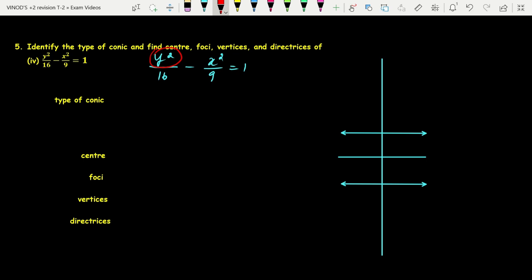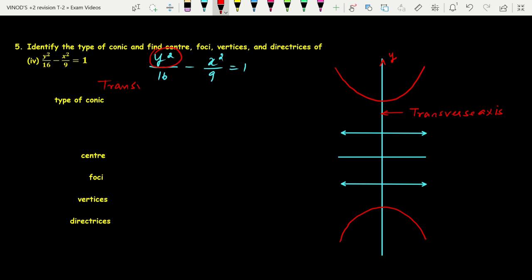So the hyperbola will be conjugate hyperbola because the first term numerator is y square. The transversal axis is along y-axis, so it is conjugate hyperbola.